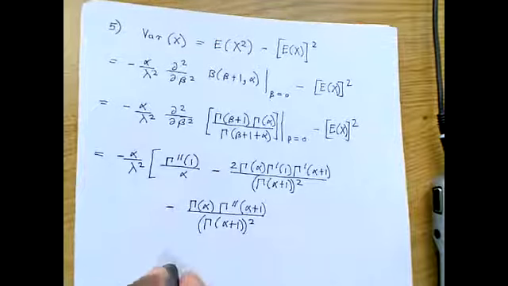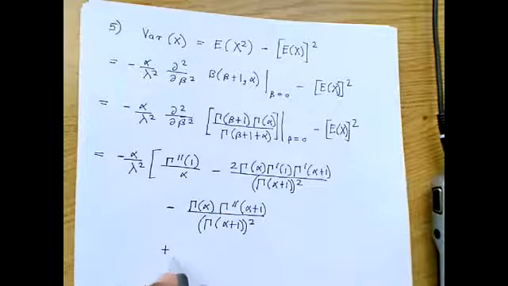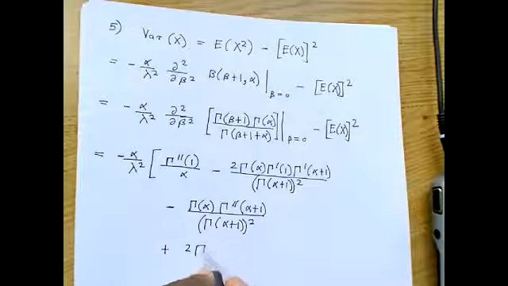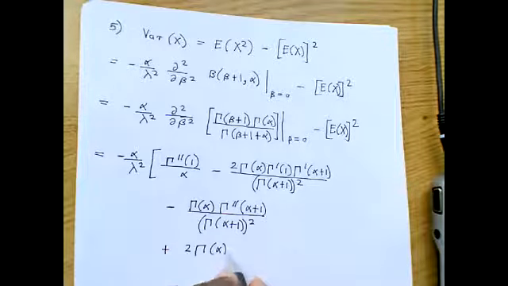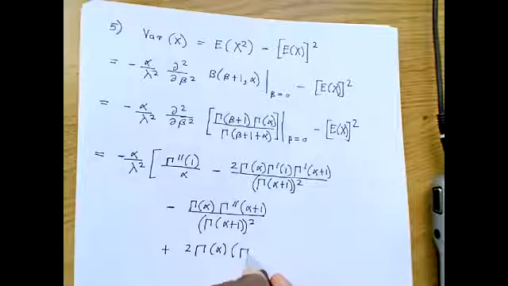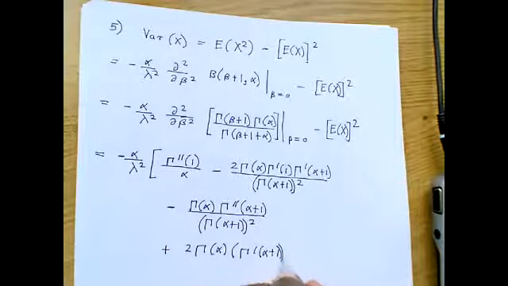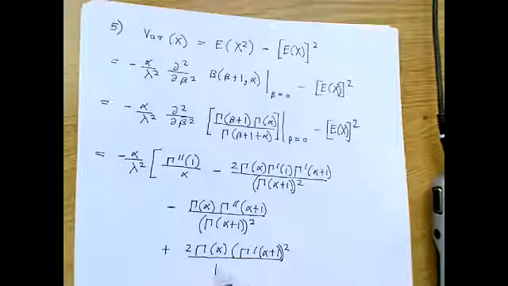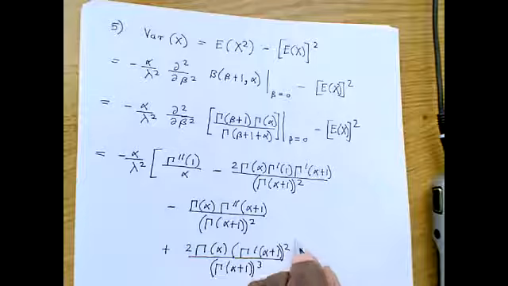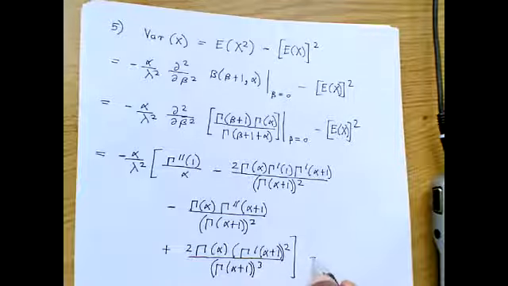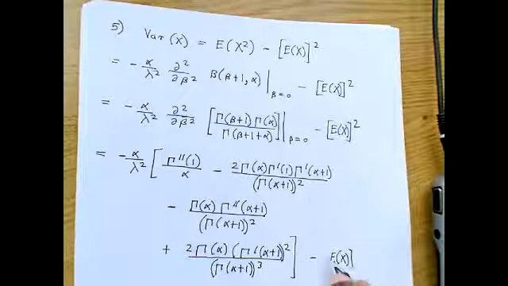Right, then plus, all right, so close bracket minus the square of the expectation, which we worked out in the previous part.